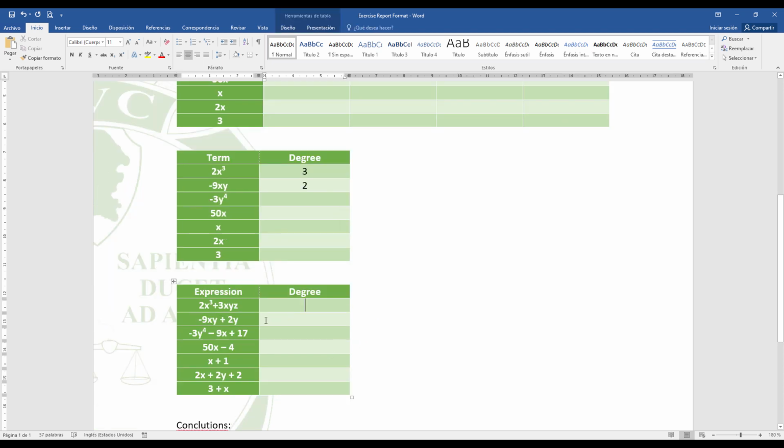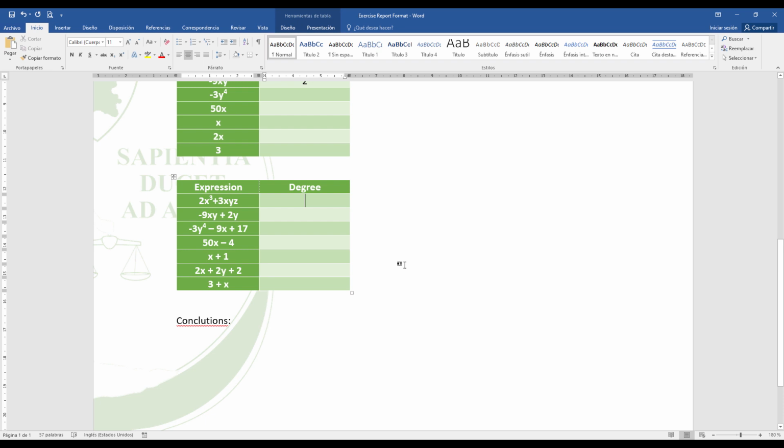Okay, now you will fill another table. You need to get the degree, but now of the whole expression. For example, here this is the first, 2x cubed plus 3x times y times c. You need to get the degree of every term. For example, the first is 3, and the second is 3, so the degree here is 3.